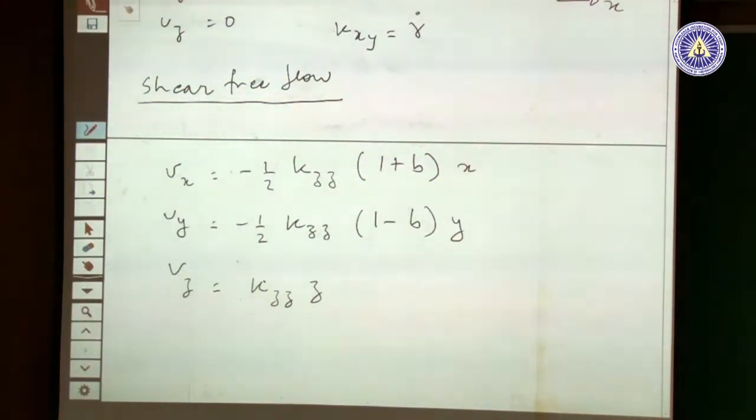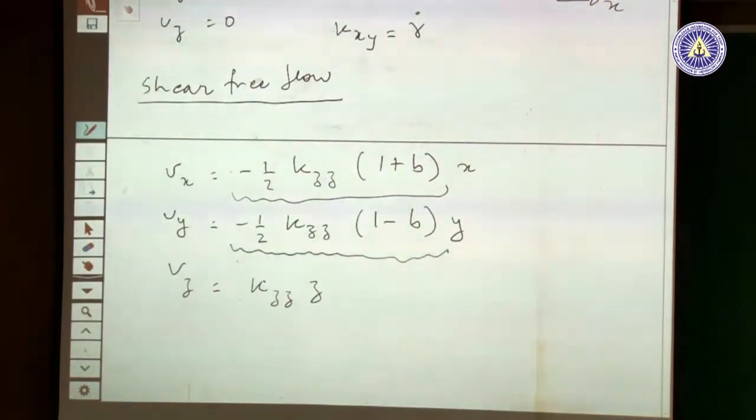So, if you now see, these are only diagonal components, right. This whole coefficient is kappa xx. This whole coefficient is kappa yy, because it is the coefficient of y, and this is kappa zz. So, if you add them up, you will see that trace kappa is 0, so you are satisfying your incompressibility.